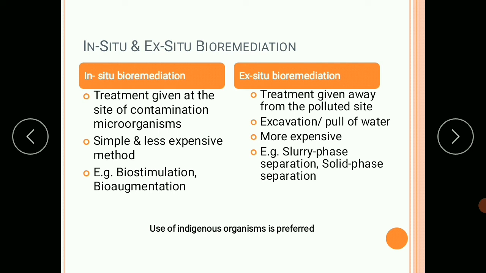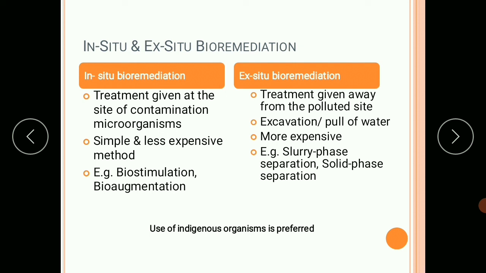So it's comparatively easy to increase the rate of degradation of that pollutant by these indigenous organisms because they are already adapted. But sometimes, if indigenous organisms have a slower metabolic rate, we'll have to modify these organisms.